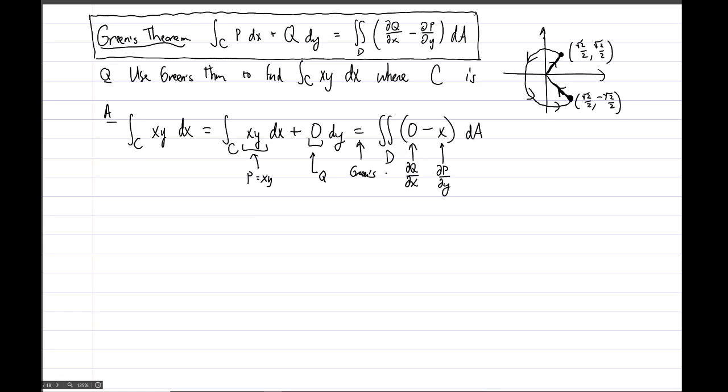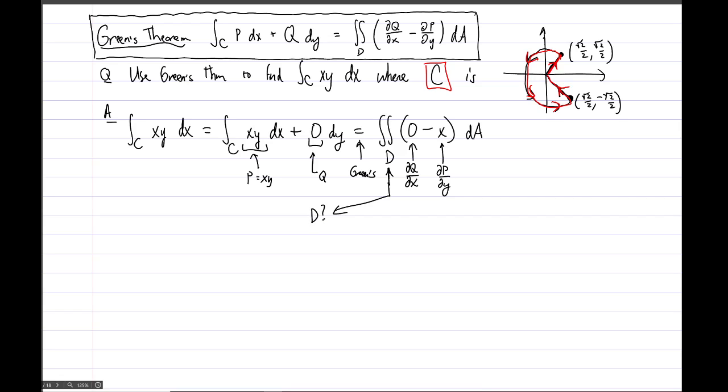Now, let's take a moment to talk about what this capital D is. If C is this shape right here, and we travel along this way, counterclockwise all along, then what is capital D? What's the region that it bounds? Do you have a name for this thing?